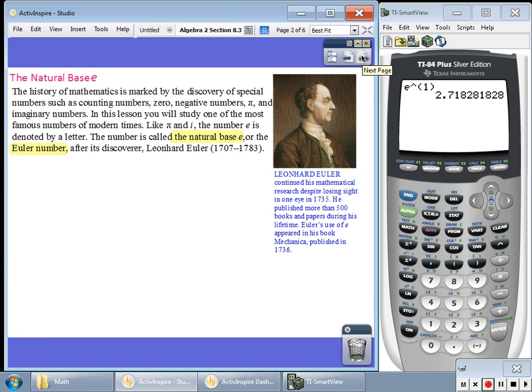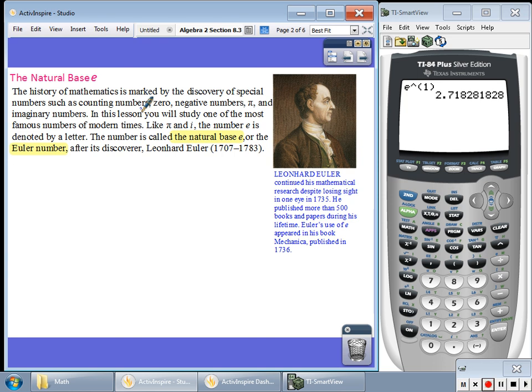Now, you don't have to write this part down, but the history of mathematics is marked by the discovery of special numbers such as counting numbers, which would be like 1, 2, 3. 0 was a big discovery, negative numbers, pi, which we already talked about, and imaginary numbers, which we learned about in the first semester.